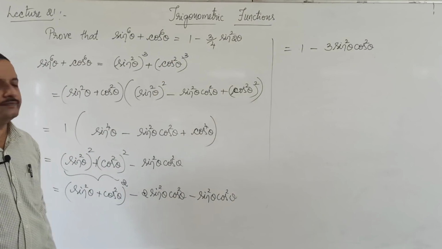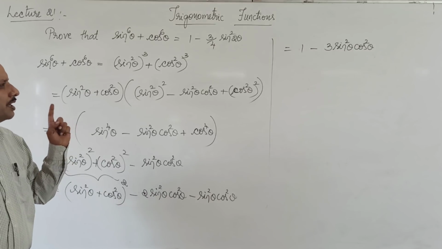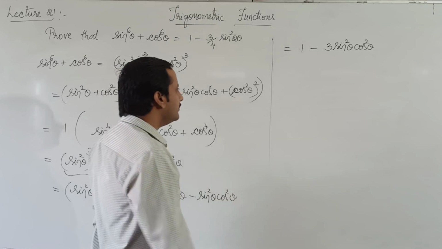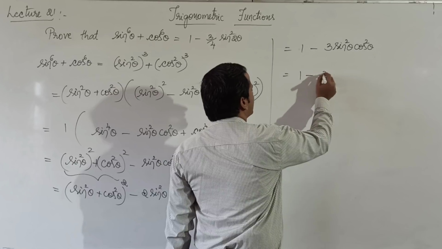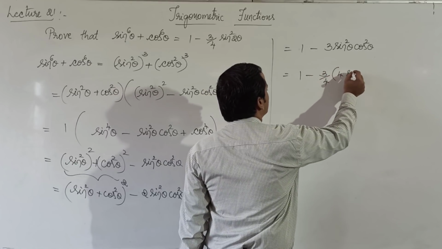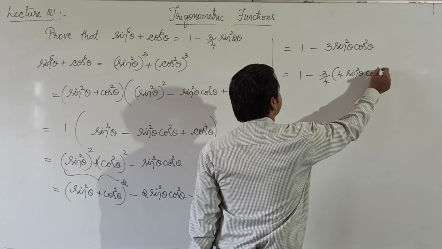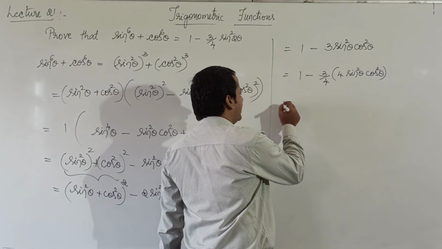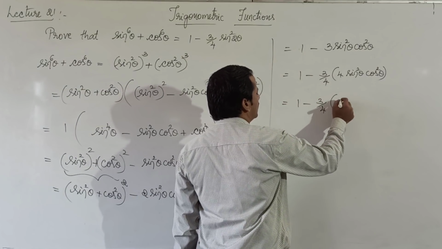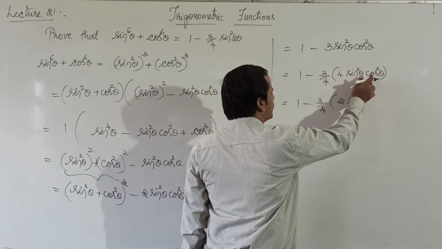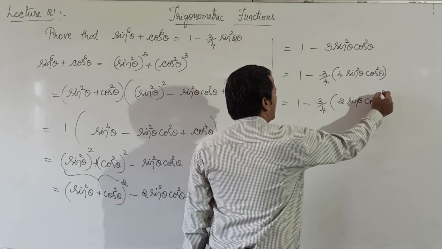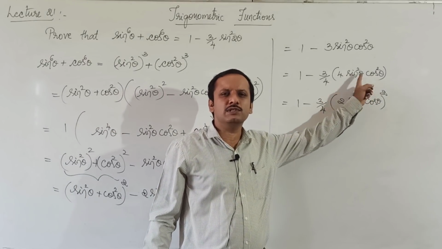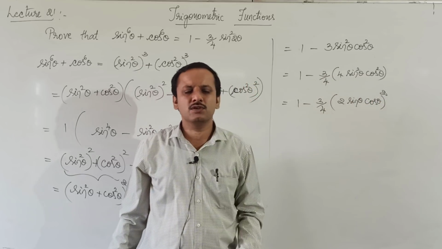But what we were asked is to prove that it is equal to 1 minus 3 by 4 sin square 2 theta, right? Now here I will write like this. I am multiplying and dividing by 4. After that, I can write this 4 sin square theta cos square theta as 2 sin theta cos theta whole square. 2 square will give you 4, sin theta whole square is sin square theta, cos theta whole square is cos square theta.